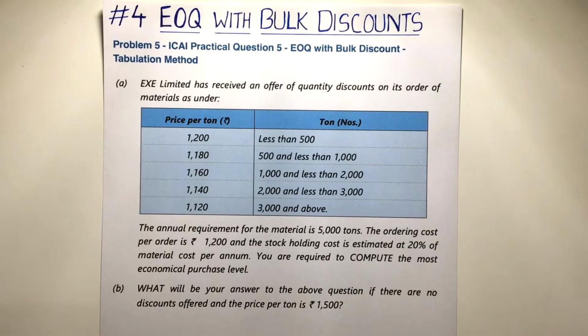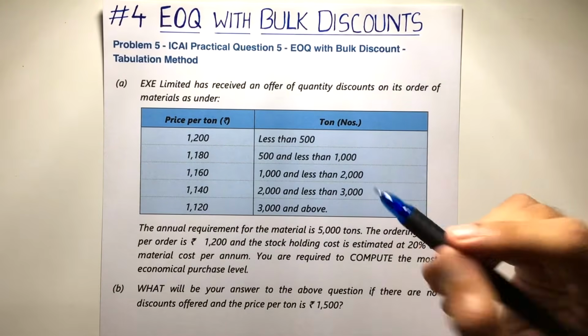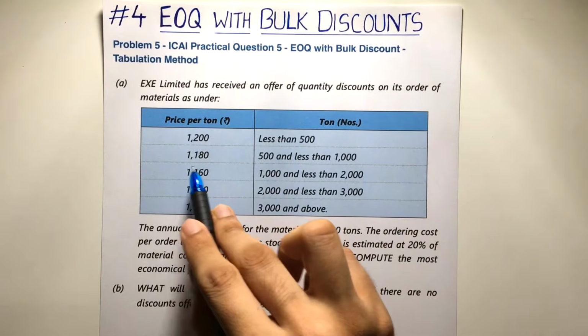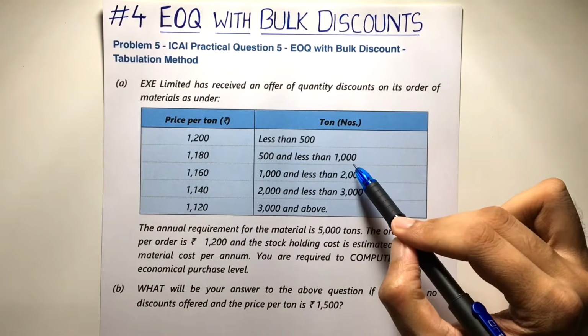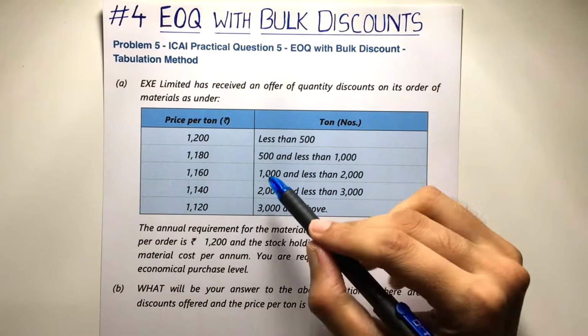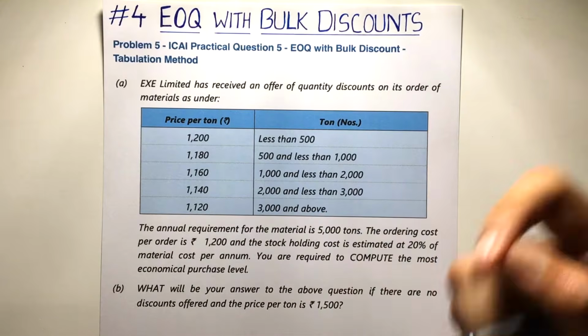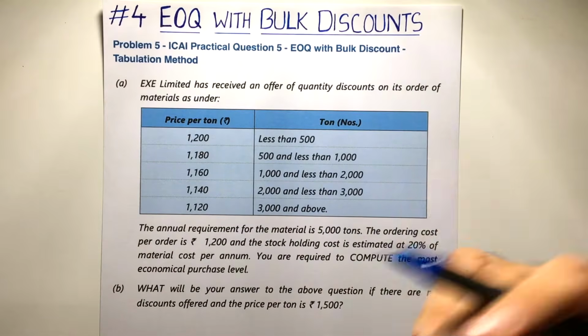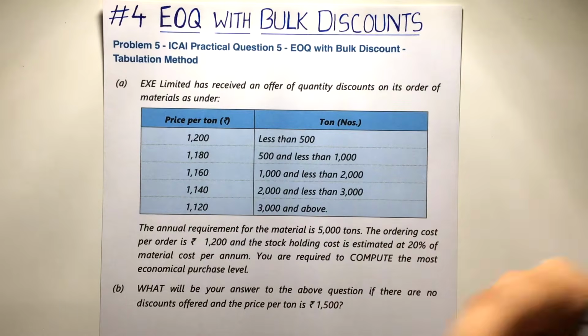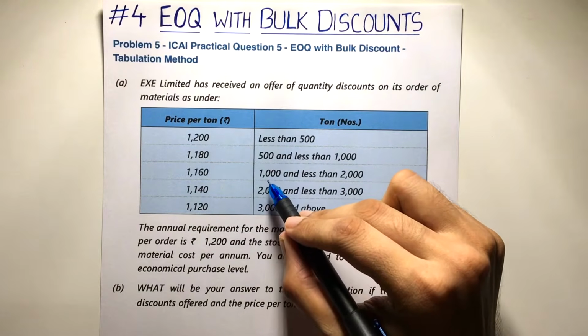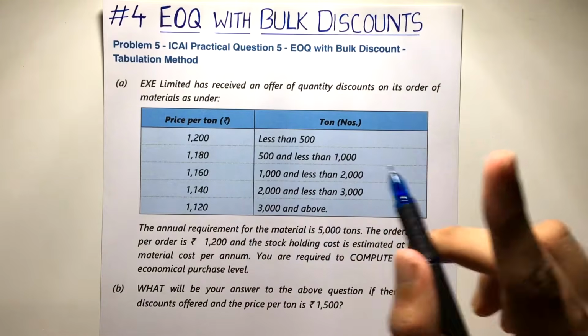It's really simple. Let's say you go to a shop and the shopkeeper tells you he's going to give you a price of 1180 if you order 500 or more but less than 1000. Of course you will order 500. You will not order 800, 900. If you want to order 900 or 950, you will increase the quantity slightly and order 1000 only, so you get the discount.